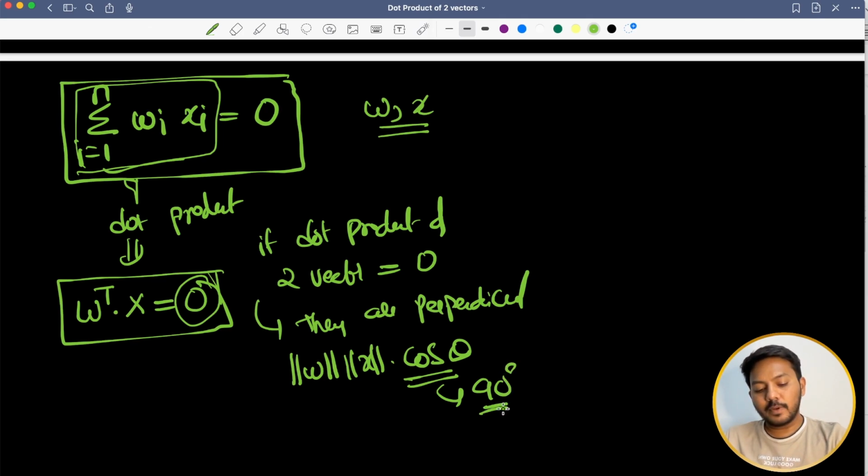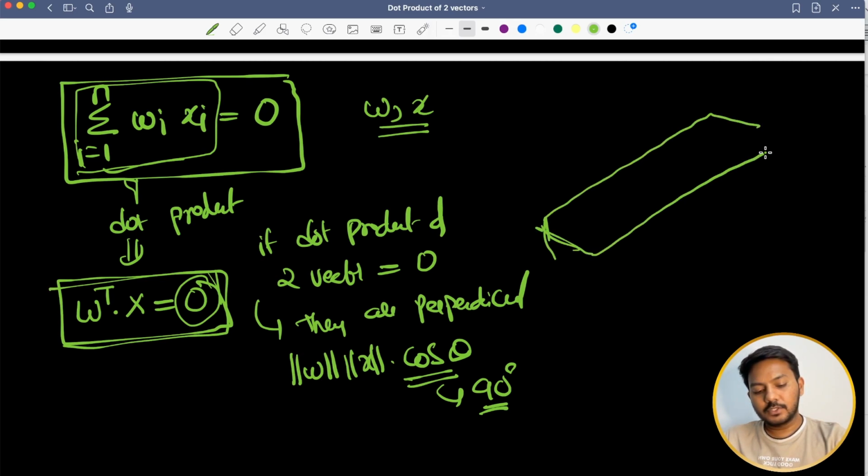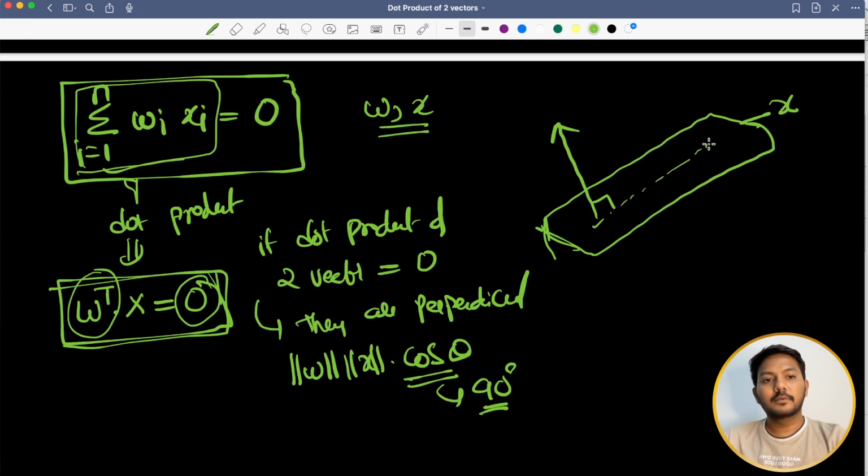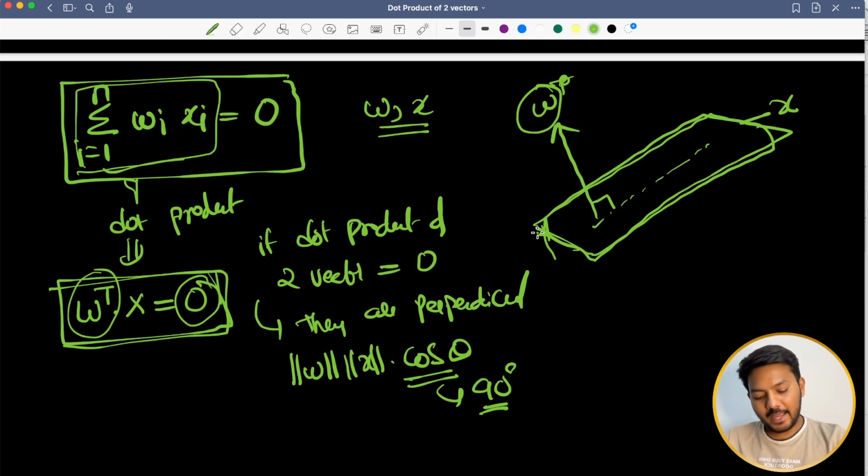So let's assume I have a plane like this. This is my x, and w is a vector which is perpendicular to this plane. So w is a vector which is perpendicular to any given plane x if this plane is passing through the origin.